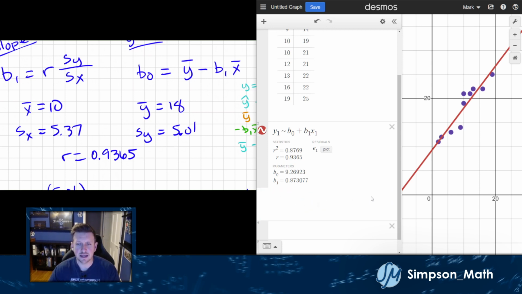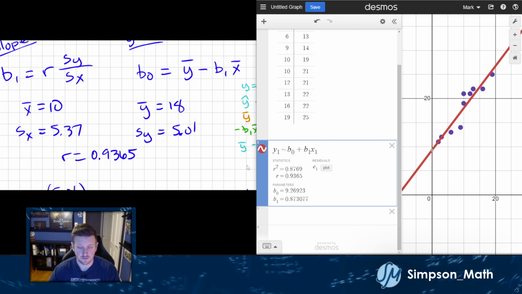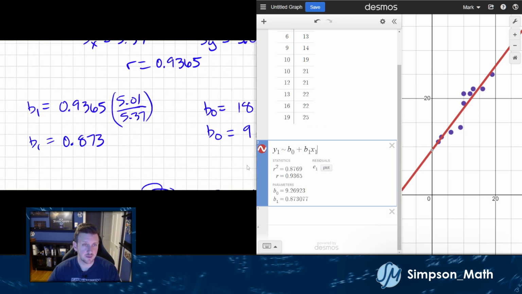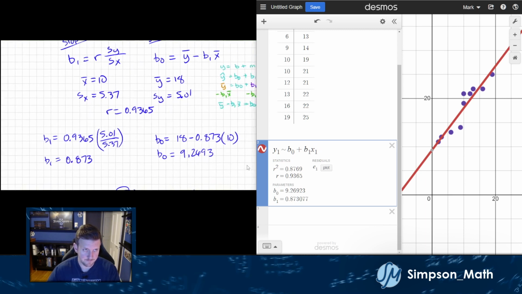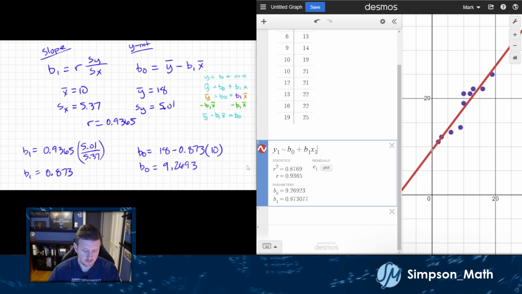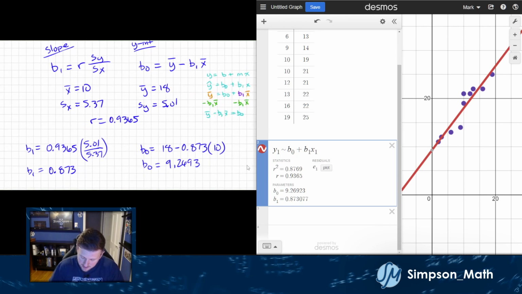All right, so if I want to calculate the slope, I just need to plug in, sorry, let me zoom out. I have this formula right here, b1 equals r times sy over sx. So I'm going to grab my r, my sy and my sx and plug in. Let's plug it in and verify that we get 0.873.